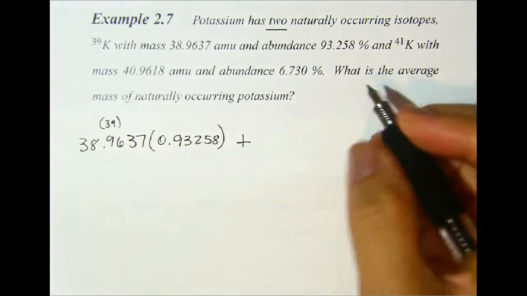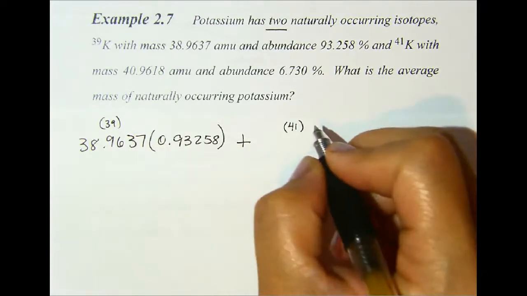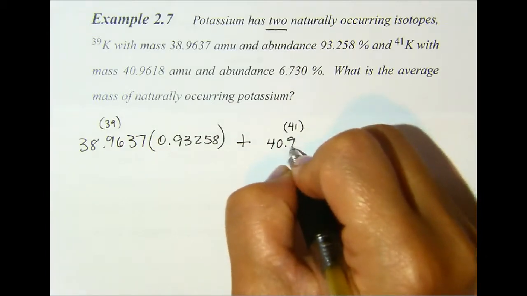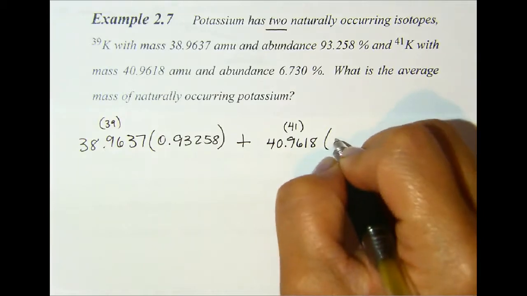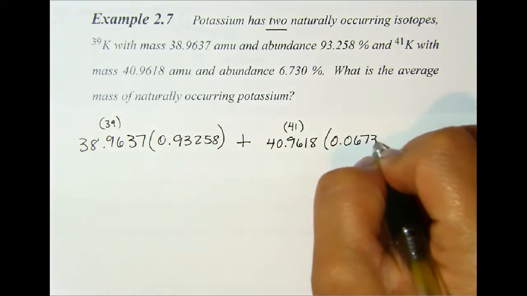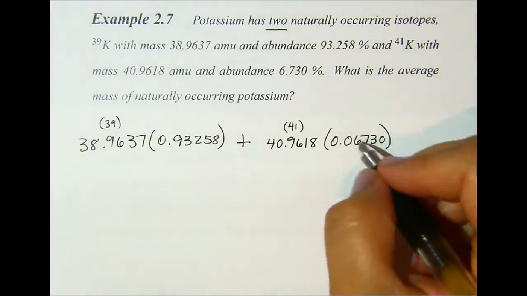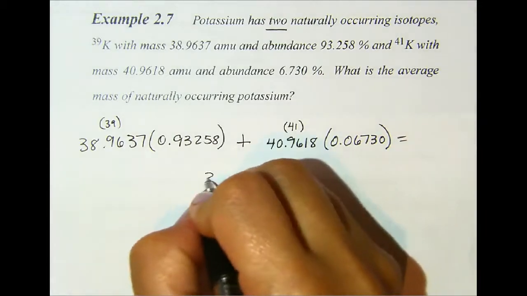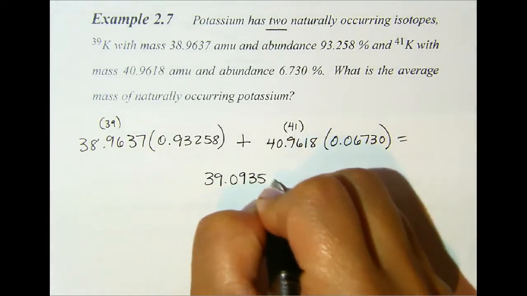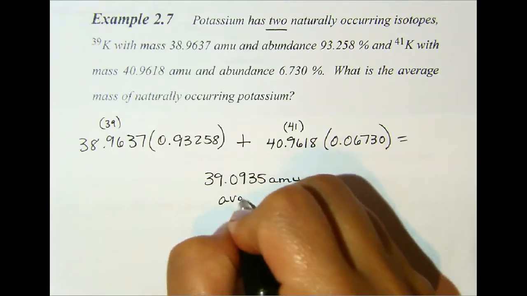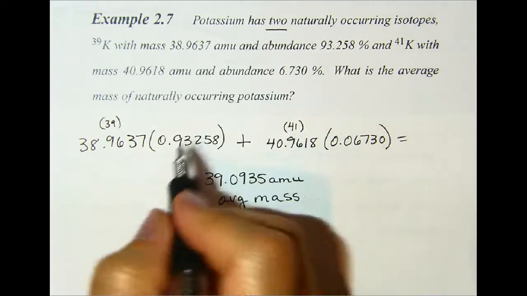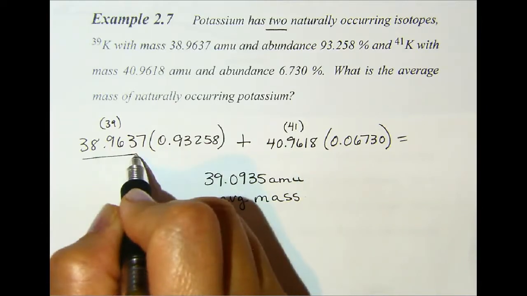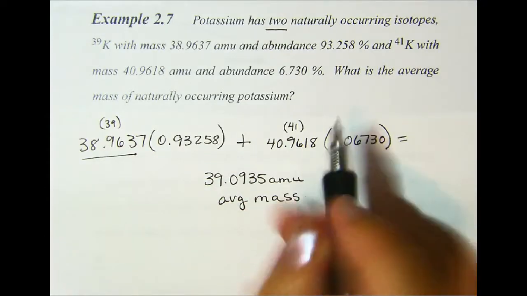We're going to add that to the other isotope of potassium, which has a mass of 41 AMU, and it has an exact mass of 40.9618 times an abundance of 0.06730, or 6.730%. So when we do this math, we get a value of 39.0935 atomic mass units as the average mass of these isotopes. Note that because this one is 93% abundant, it makes sense for our answer to be closer to this value than it is to this value.